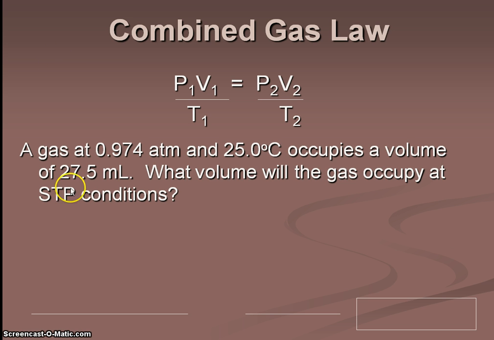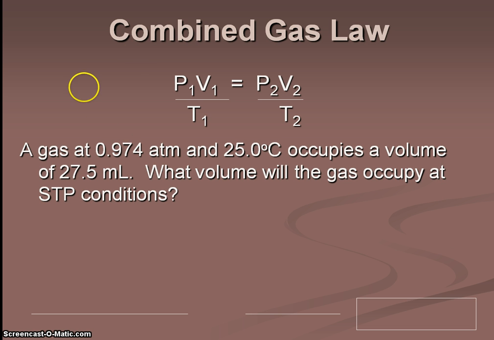Keep in mind that anytime you see STP in a question, it looks like they're just letters, but I'm actually giving you a temperature and a pressure. Standard temperature is 273 Kelvin. You can just look that up in your reference packet. And standard pressure is in your reference packet as well. You just have to make sure it matches the unit that you have.